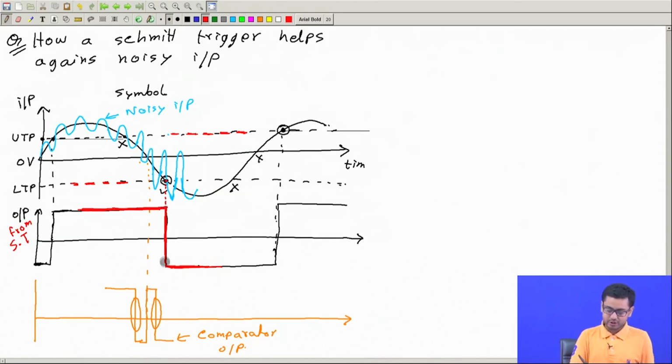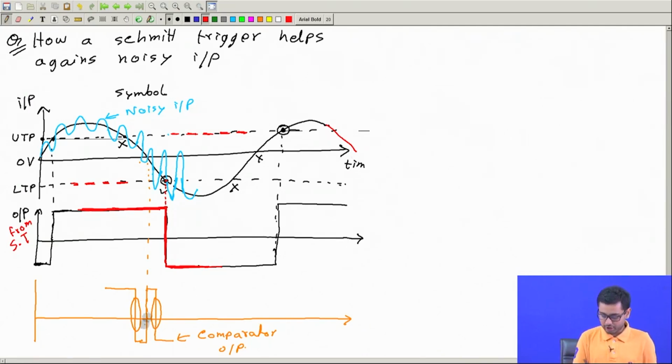And that's what we want, because for this signal you can consider here to here one cycle, okay. Starting from here to here, this is one cycle. So we should have only one edge somewhere near here and one edge somewhere near here.